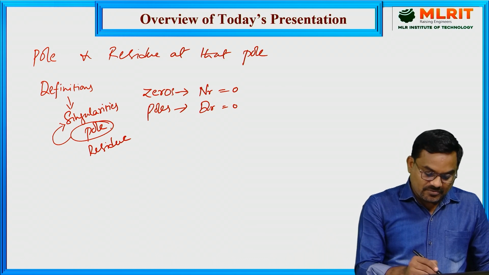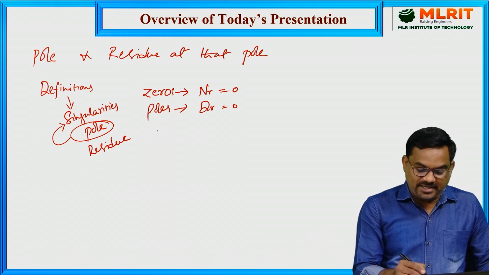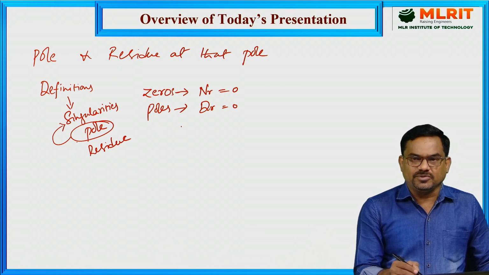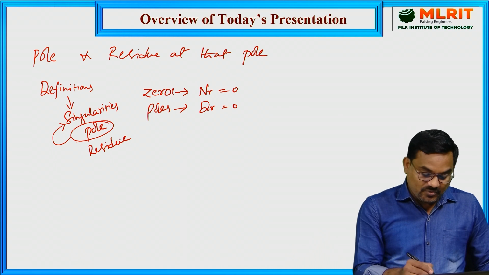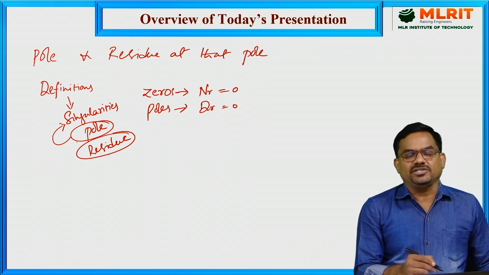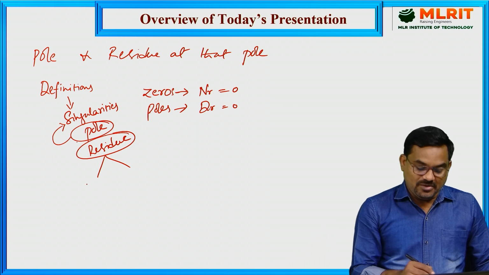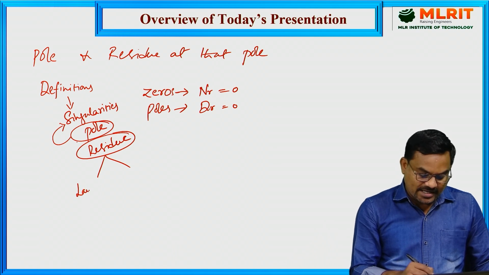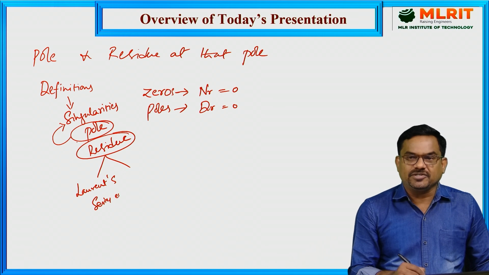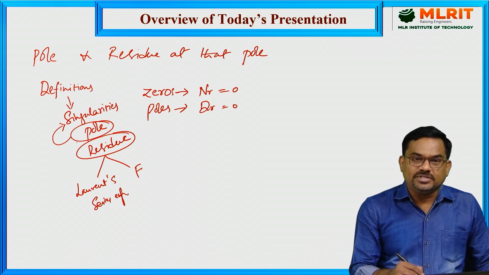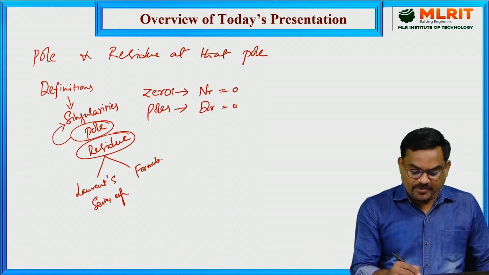So, first we find the poles by equating the denominator to 0, and then we calculate the residue at each and every pole. To find the residue, there are two ways. One is using the Laurent series expansion, and also using the standard formula.